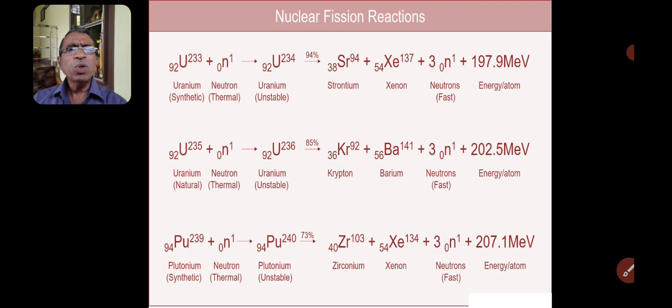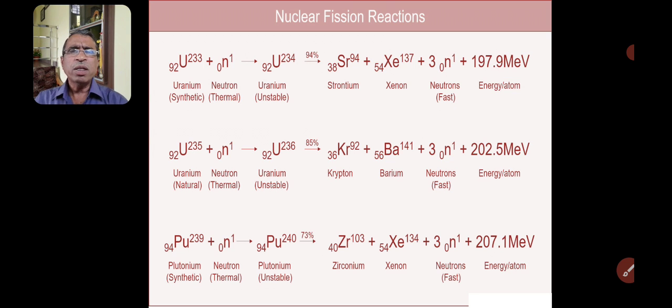Similarly, we can also produce nuclear fission by uranium-92-233. This is synthetically produced, that is, artificially this isotope is produced from thorium-90-232. So from thorium we get uranium-233.